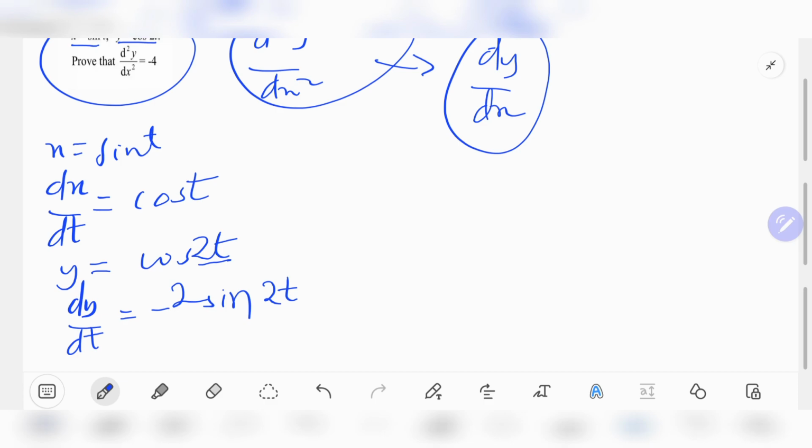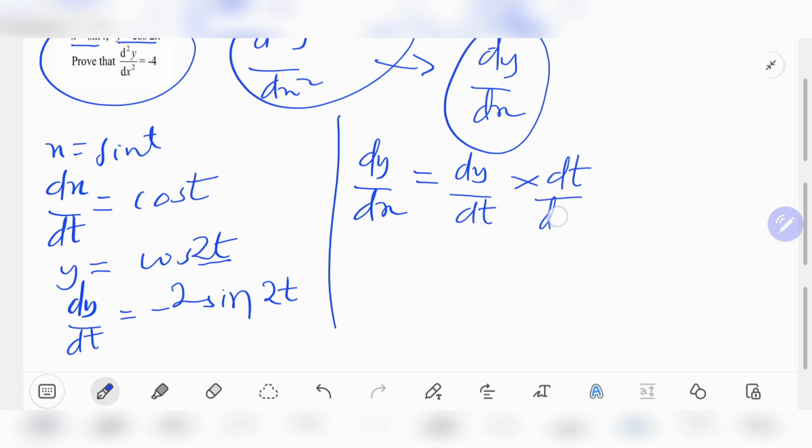Now we are interested in finding dy dx. Using the chain rule, based on the parameters we have here, our dy dx is going to be dy dt times dt dx, so that these two parameters will cancel out, and then we have our dy dx.